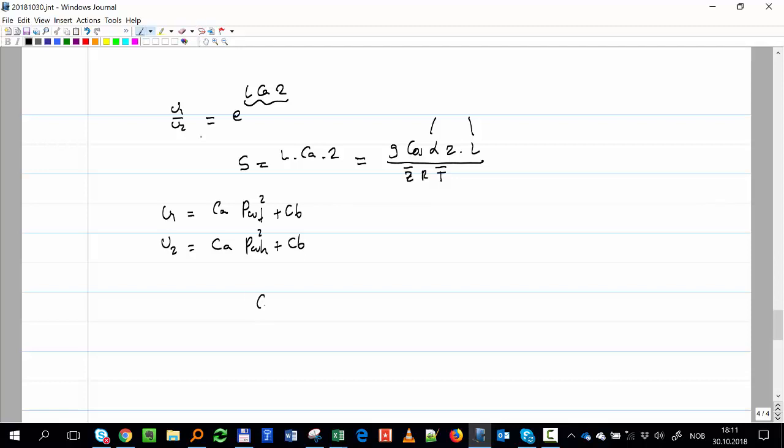So here I have CA PWF plus CB divided by CA. Is it PWF? Yeah, PWH plus CB equal to E to the S CA2. Yes?